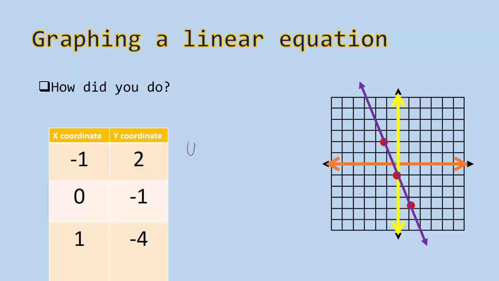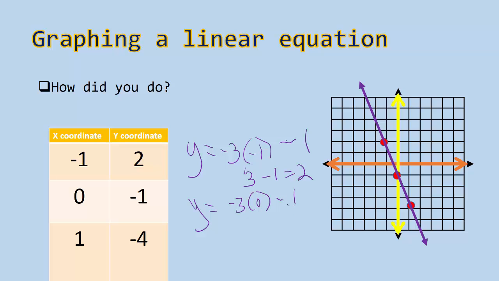So again, we're going to take the first one, y is equal to, and in this case we had negative 3 times x, so in this case negative 1, minus 1. Well, negative 3 times negative 1 gives me positive 3, minus 1, or 2. And that's how I got 2 for the y-coordinate. Let's do the second one. Y is equal to negative 3, and we're going to plug in 0 for x.